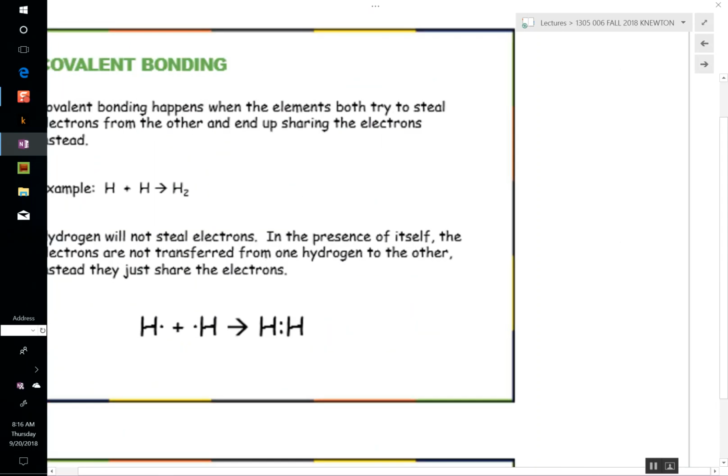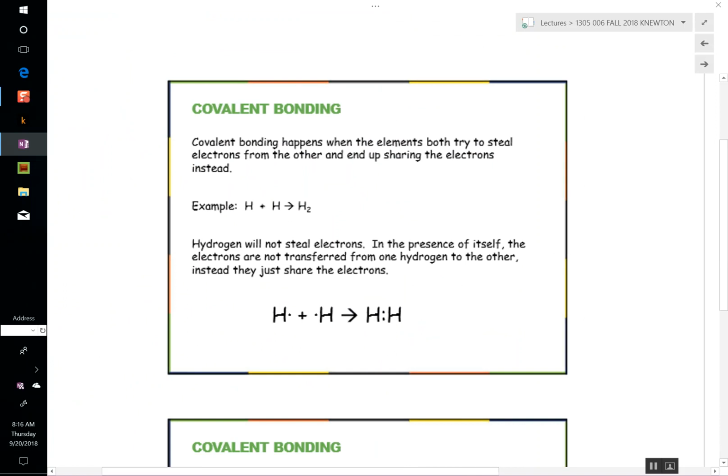So here's a covalent bond, pure sharing of electrons. You have one hydrogen, you have another hydrogen. They each have one electron. They want two. They want to be like helium. And so they say, I'll share my electron with you if you share your electron with me.